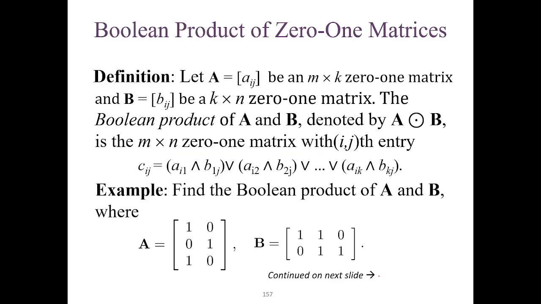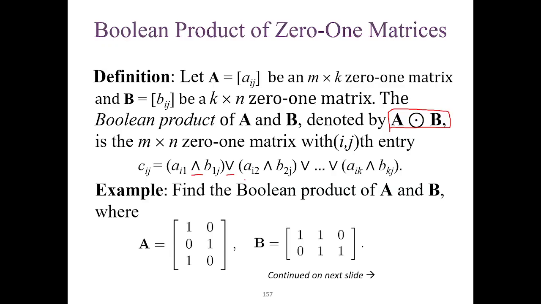We can also define another operation, which is the Boolean product of 0, 1 matrices. For the Boolean product, we use a special notation like this. Basically the calculation is just like the multiplication of two matrices to get Cij, except that we only use meet and join operations to calculate Cij.